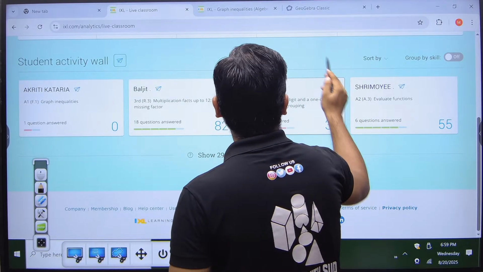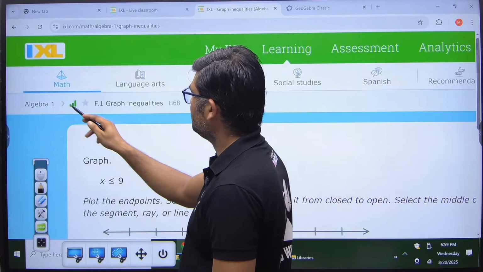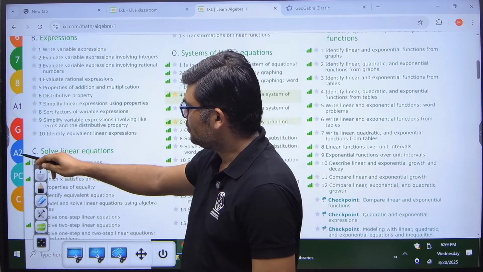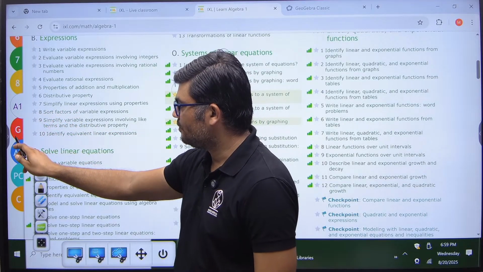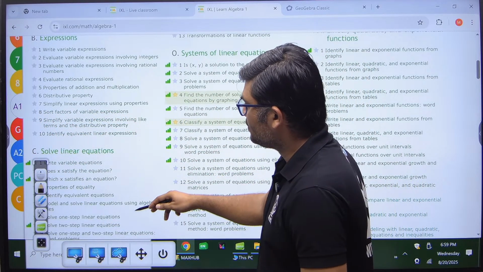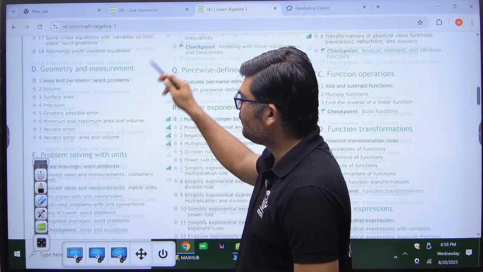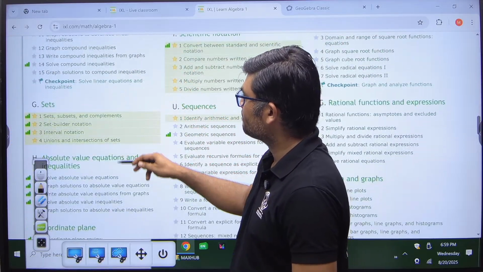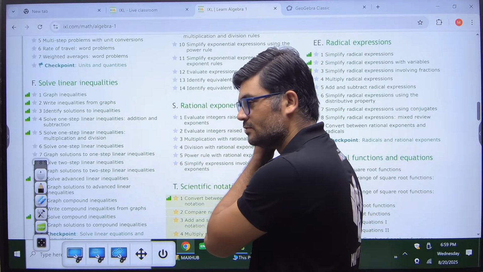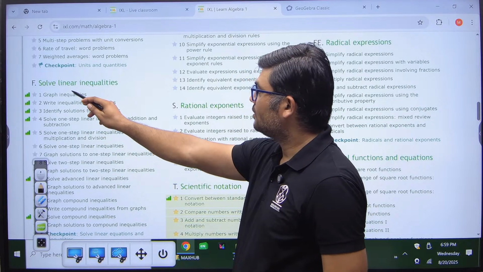You are in A2, you have to come to algebra 1, before geometry. In that algebra 1, you have to come to F1. Graph inequality. F1, beta.